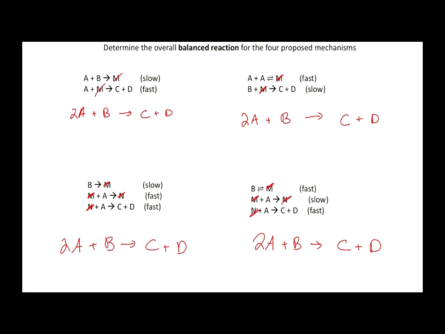No, because the mechanisms are different. So what do you think the next slide is? We're going to determine what the rate law is for all of these proposed mechanisms.